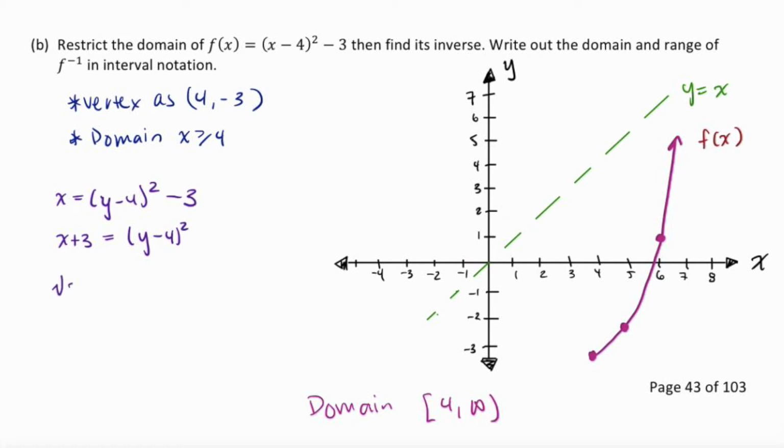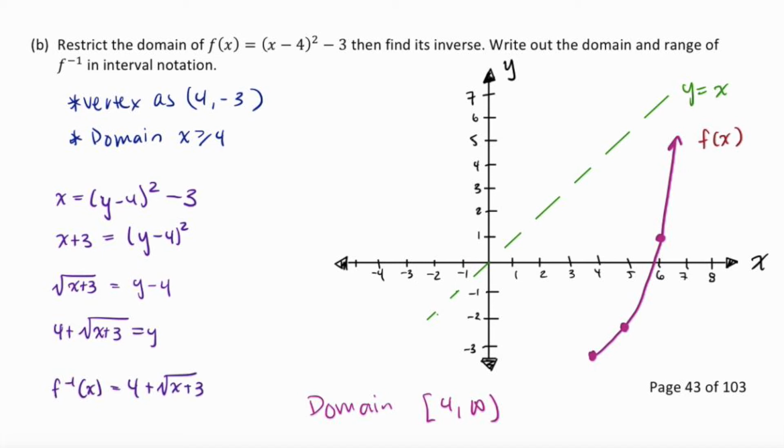When we take the square root now, we don't need to acknowledge the negative case since we've already restricted our domain. And finally, we can add 4 to get 4 plus the square root of x plus 3 equals y. So f inverse of x equals 4 plus the square root of x plus 3.